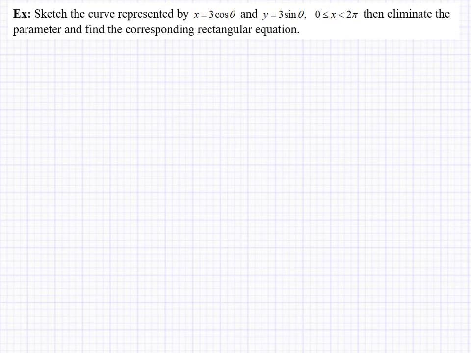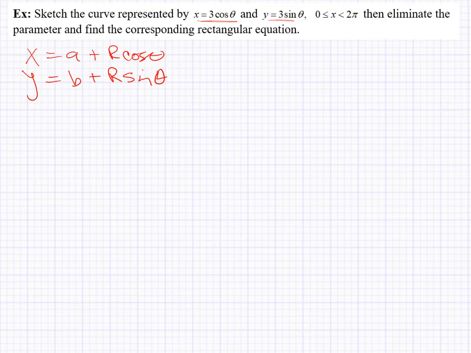All right, so looking at these equations and looking at what we know to be the set of parametric equations for a circle, where x equals a plus r cosine theta and y equals b plus r sine theta, we can see that in this case, here and here, a equals 0 and b equals 0.